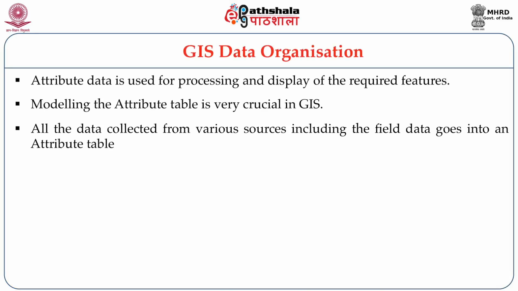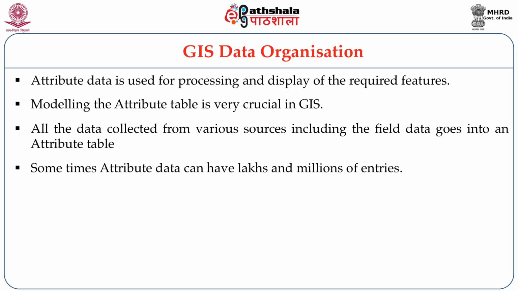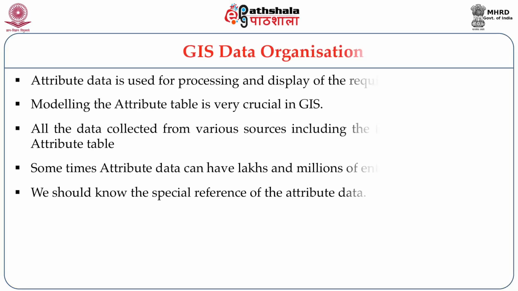All the data collected from various sources, including the field data, goes into an attribute table. Sometimes the attribute data can have lakhs and millions of entries. That means GIS programs have the capacity to handle very large data. Also we should know the spatial reference of the attribute data.